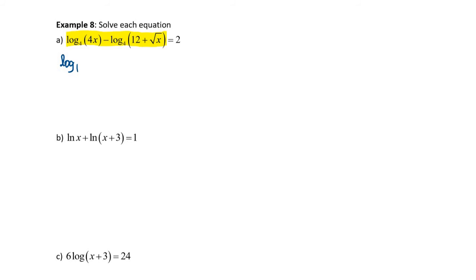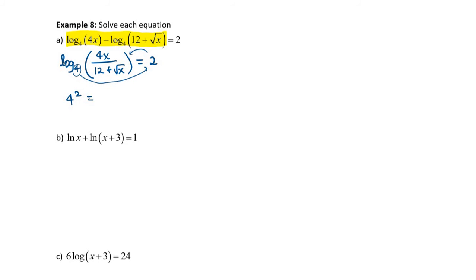So it's log base 4 of 4x divided by 12 plus square root of x, all of that is going to equal 2. Now that I have 1 log on the left equal to 2, I can use the definition of a log, which is 4 raised to that power is going to equal that thing.